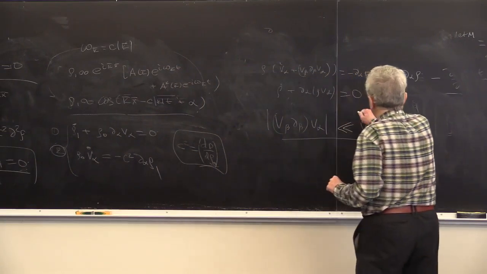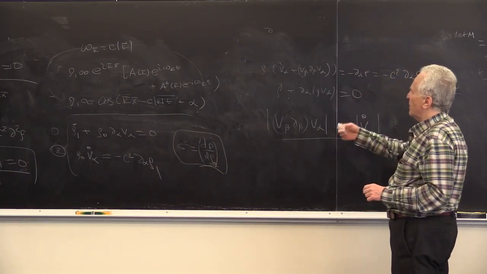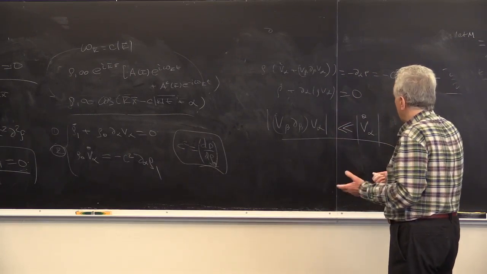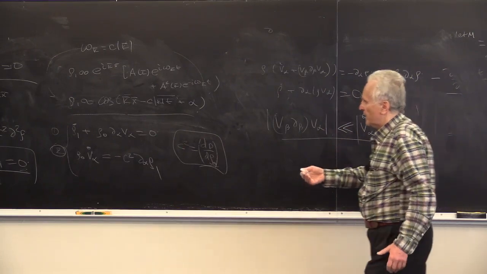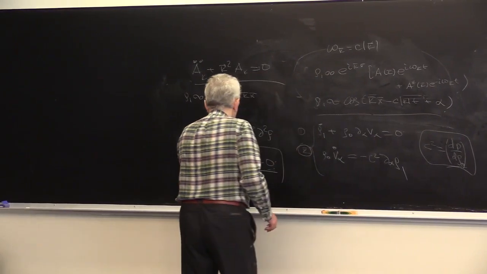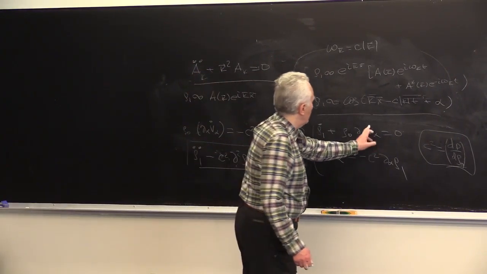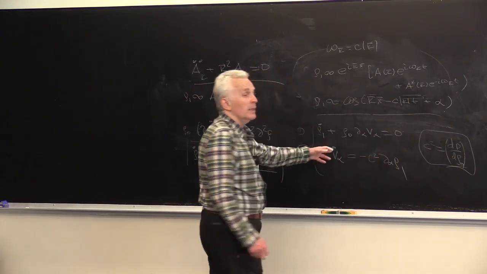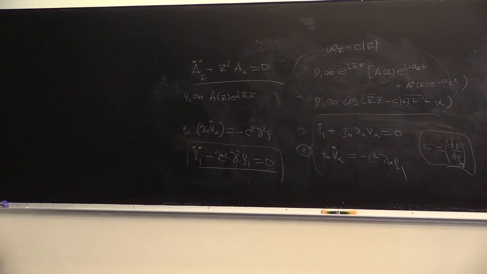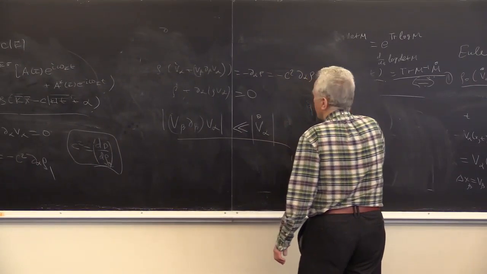What would be the order of magnitude? Suppose we have the velocity, and it has a certain order of magnitude. We derived the equation for density, but of course, using any of these equations, we can immediately write down the equation for the velocity as well. So if velocity is v, what is the order of magnitude of v dot?